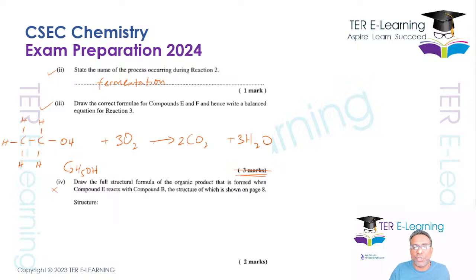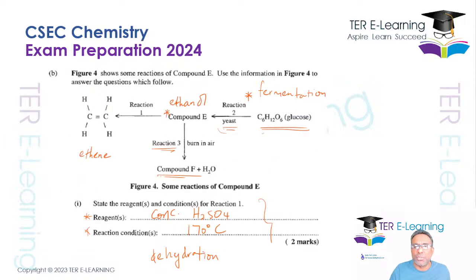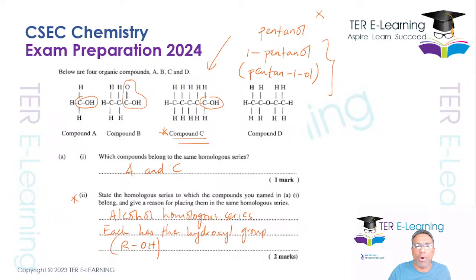Draw the full structural formula of the organic product that is formed when compound E reacts with compound B. Okay, what is E, what is B? So compound E is ethanol. Where is B? We have to go back to the beginning of the question, right? So compound B is propanoic acid, right?